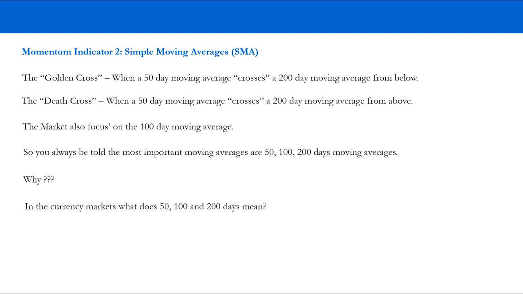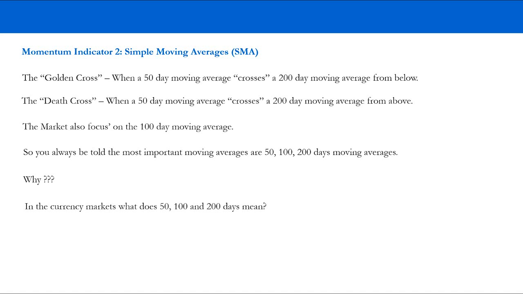So these are very popular things to look at, especially in the retail trader market. And the market also focuses on 100-day moving averages. So you're always going to be told that the most important moving averages in the market are 50, 100, and 200-day moving averages, and that the golden cross and the death cross are significant when it comes to momentum in a currency pair.